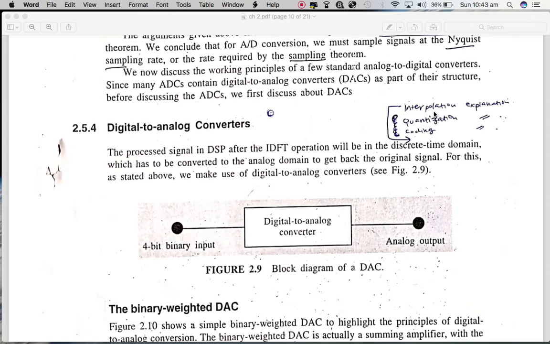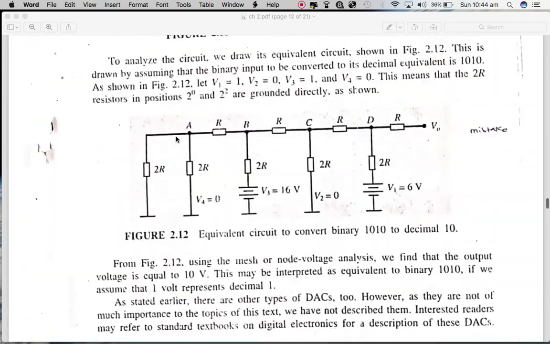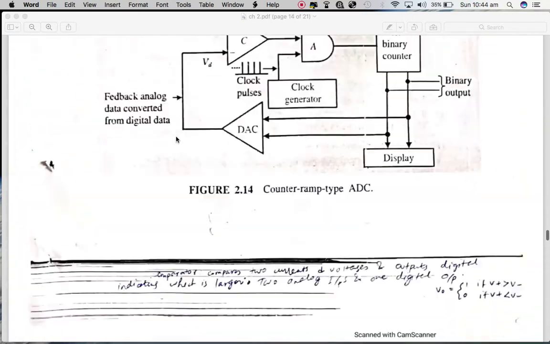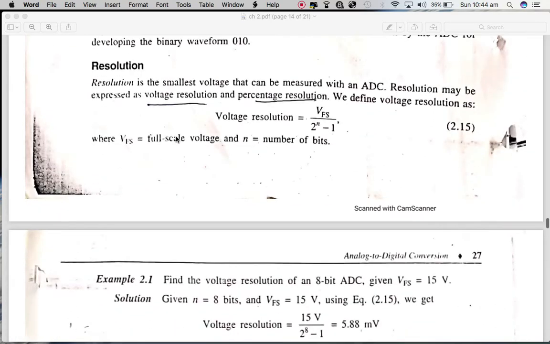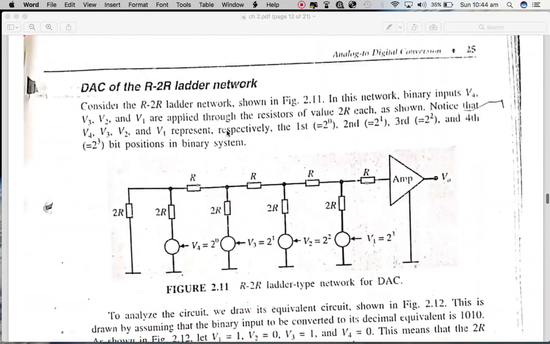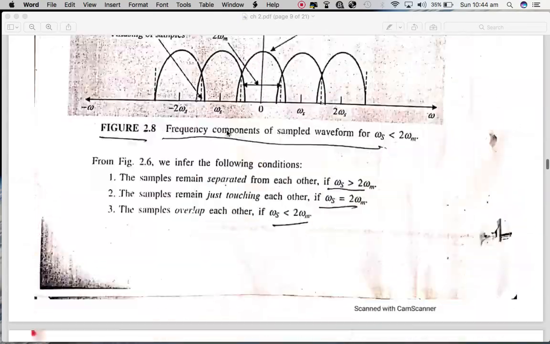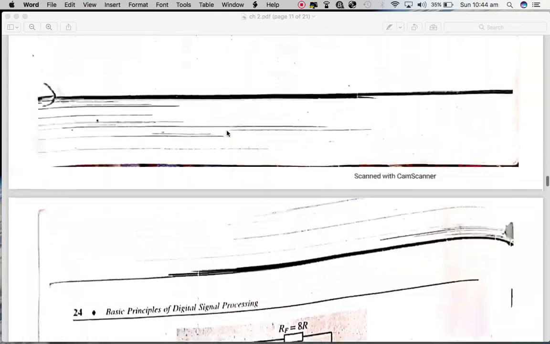Now we will be looking at two topics: the digital to analog converters, which we will discuss first, and then I will discuss the analog to digital converters. So we can start with the digital to analog converter. What is a digital to analog converter?